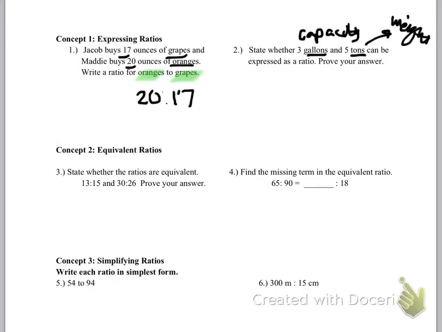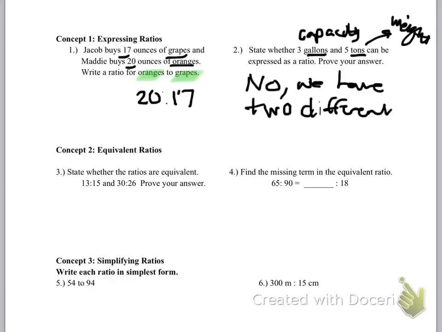So here it says state whether it can be expressed. No. We have two different types of measurement.